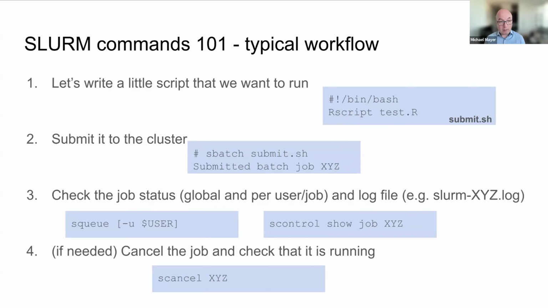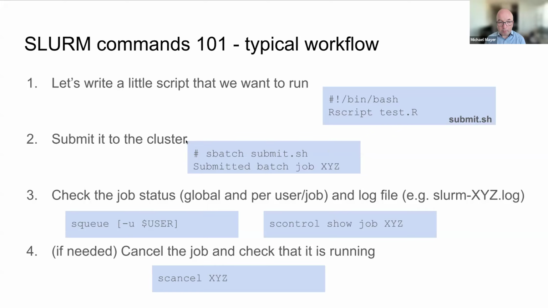Okay, so the typical workflow of how you would interact with the CLI commands. Typically you would write a little script, for example this little bash script, call it submitter.sh, where you put in those 2 lines only, assuming that you had R code locally in your current working directory.